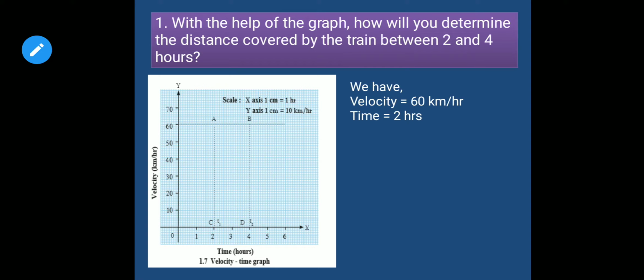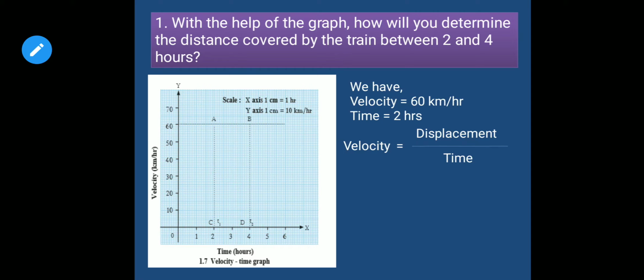And we know the formula. Velocity is equal to displacement upon time. We know the velocity is 60 km per hour. We also know the time, 2 hours. So we can find out displacement.